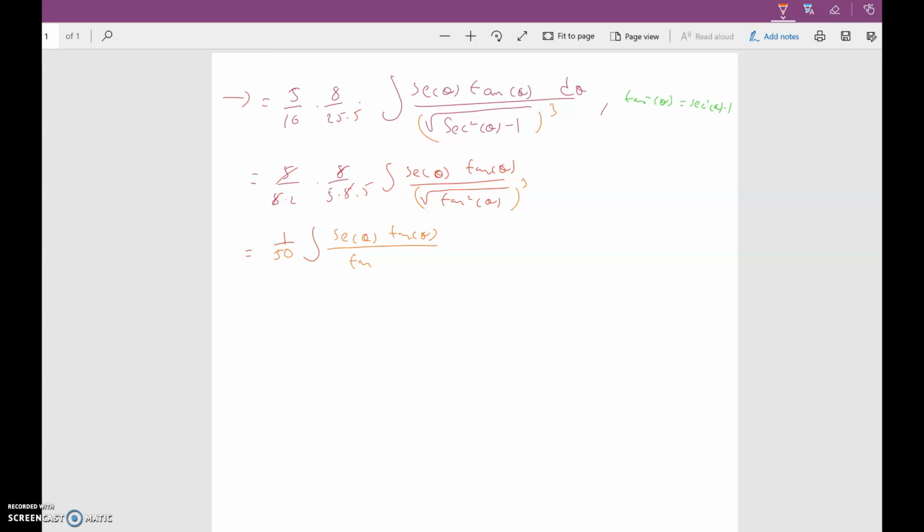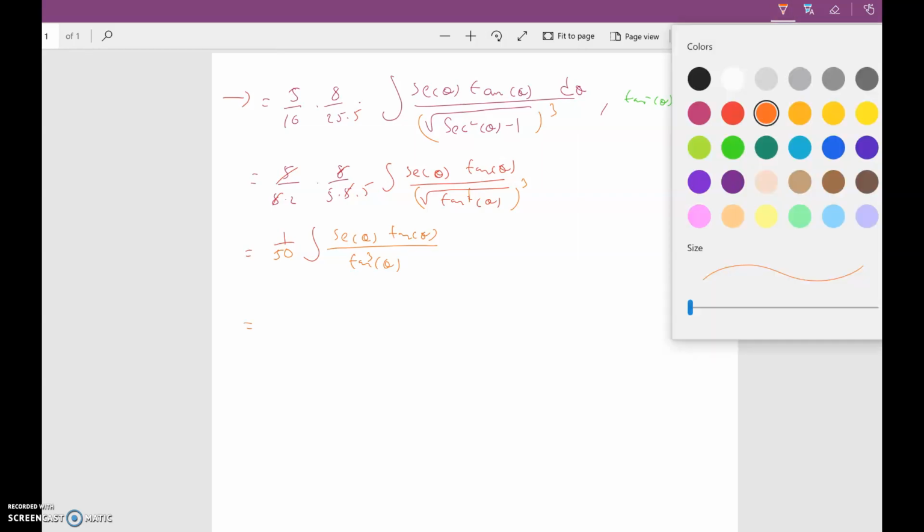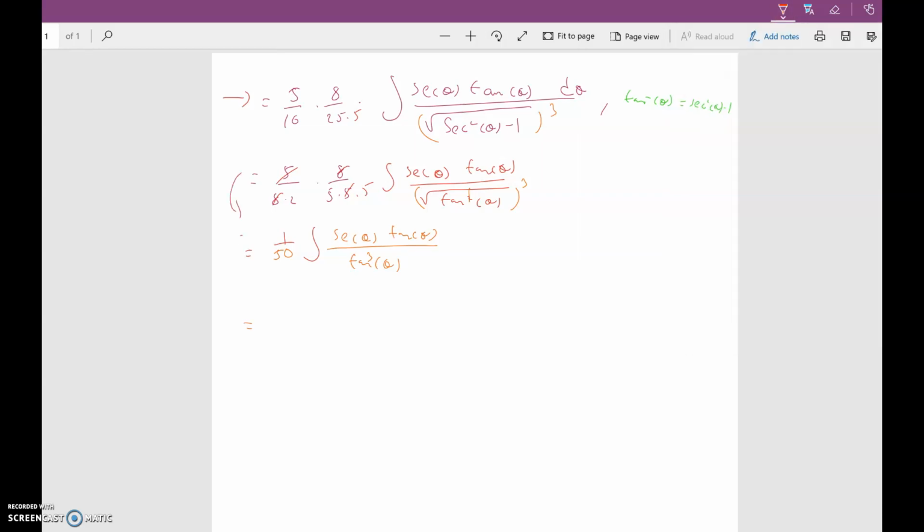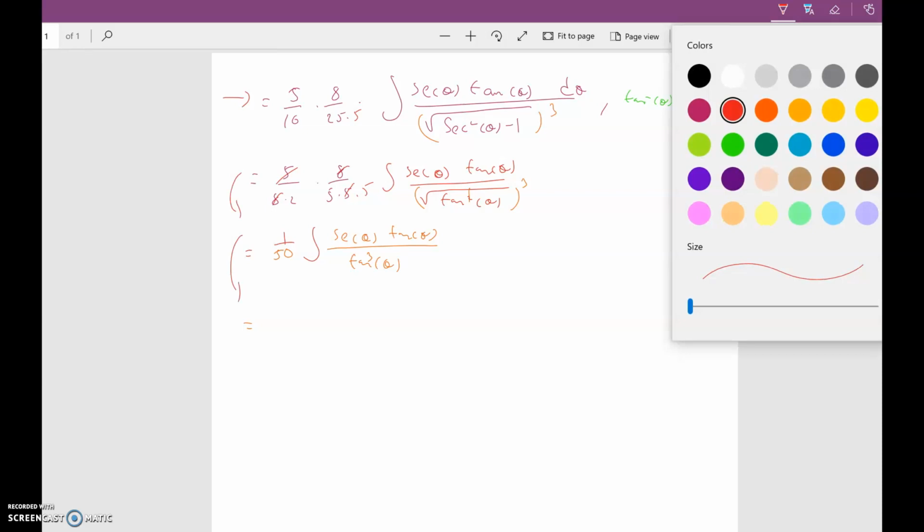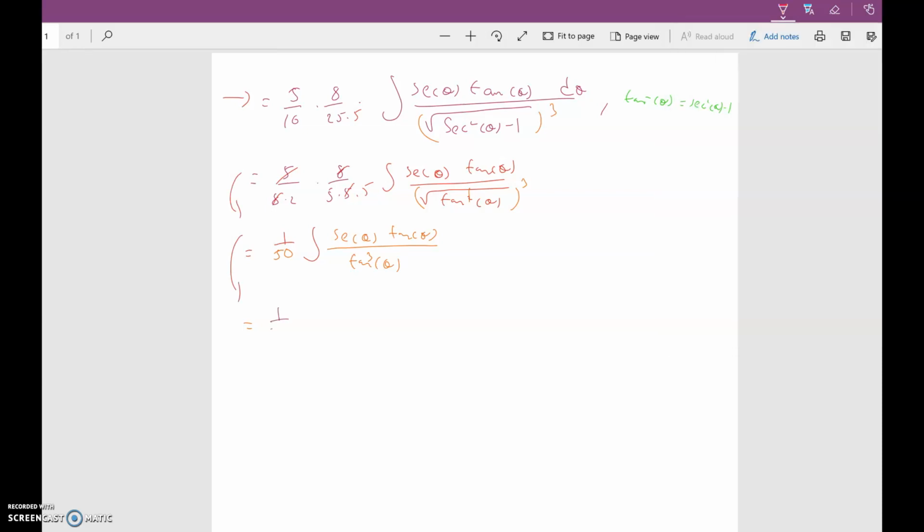So tangent of theta, these two cancel to the third power, which is going to actually further simplified as 1 over 50 times the integral of secant over tangent squared of theta.